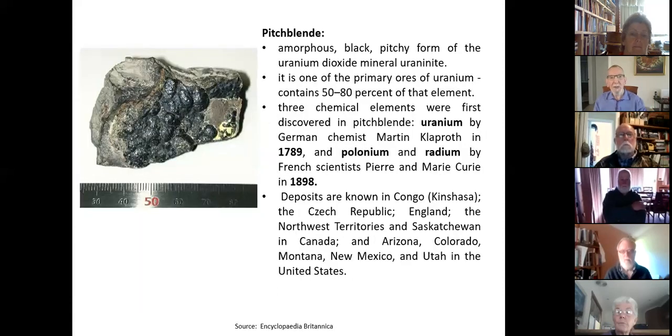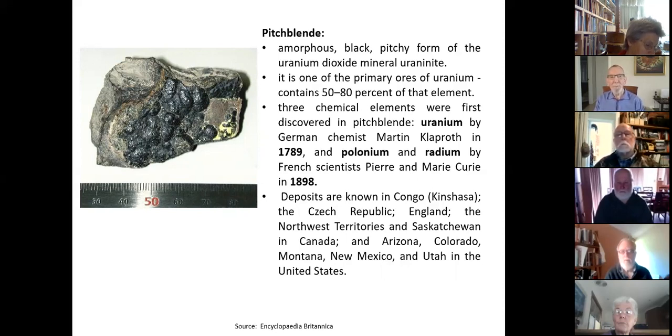The whole story really starts with this stuff, pitchblende, and it is a fairly interesting substance. I'm sure Joe would know a lot more about pitchblende than I, but it is one of the forms of uranium oxide or uranium dioxide, a mineral called uraninite, and it contains, among other things, uranium. The other form of uranium that is commonly mined is U3O8, which is uranium oxide, and that's what's mined in Australia and other countries.